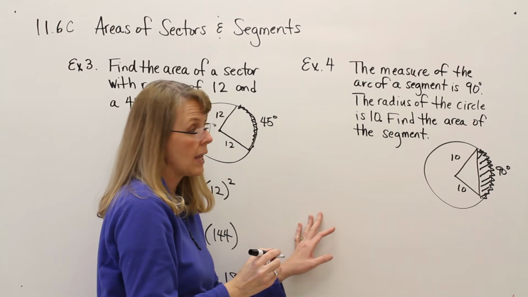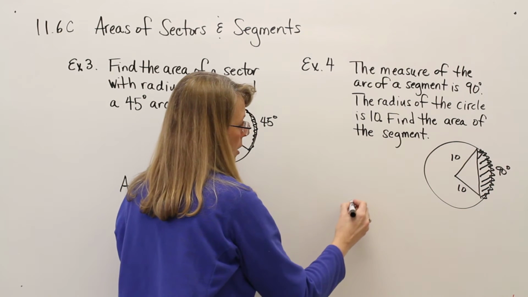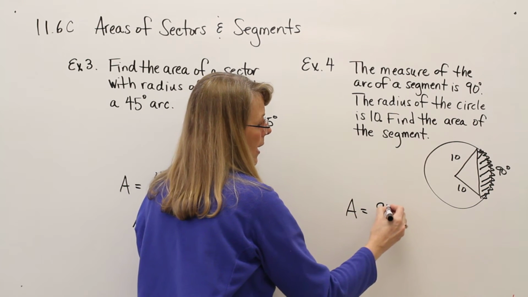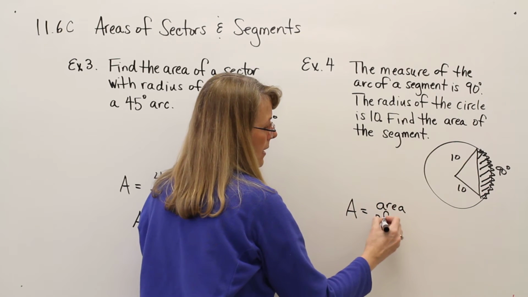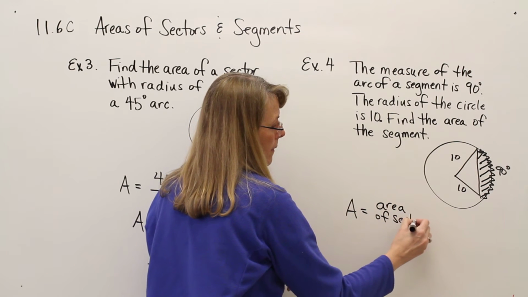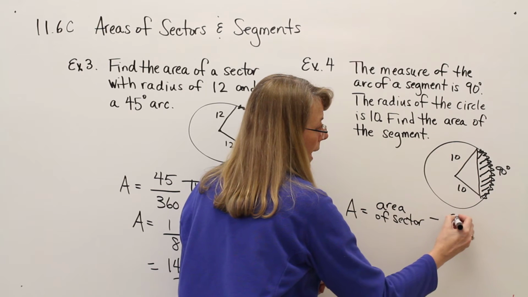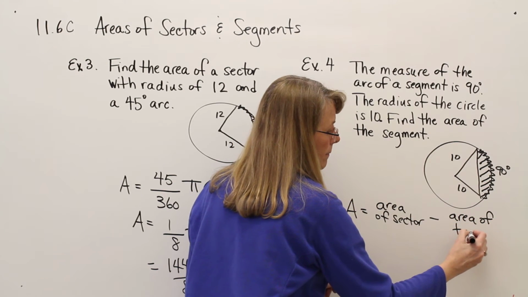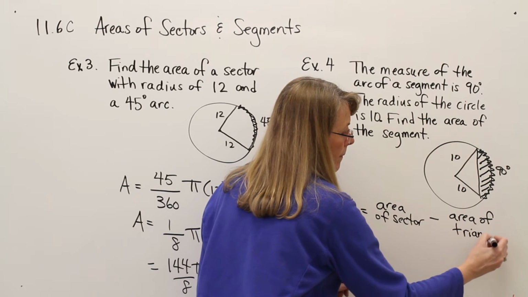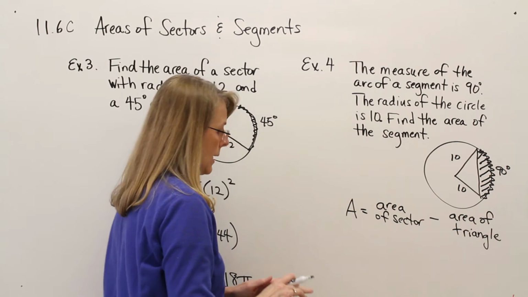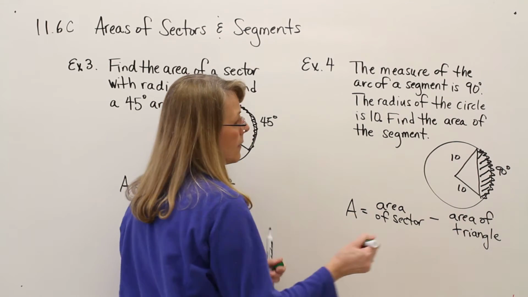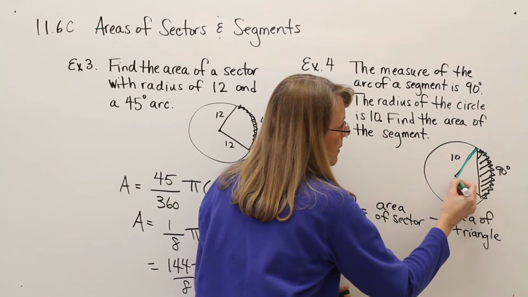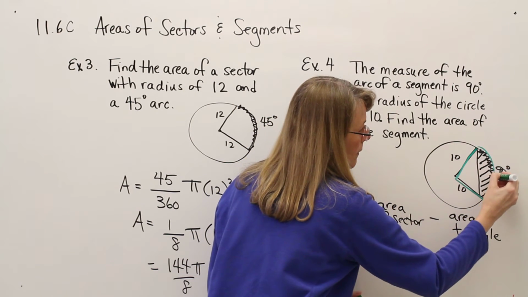All right, so the area of a segment, if you recall, we said we're going to take the area of the sector and we're going to subtract the area of the triangle. All right, so let's start with the sector. The sector would be this shape right here.